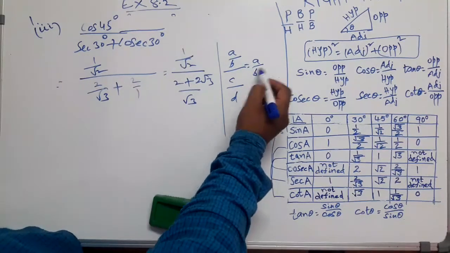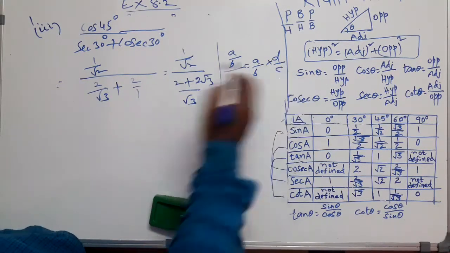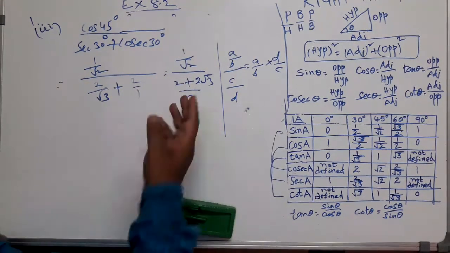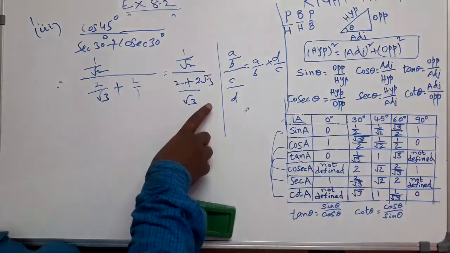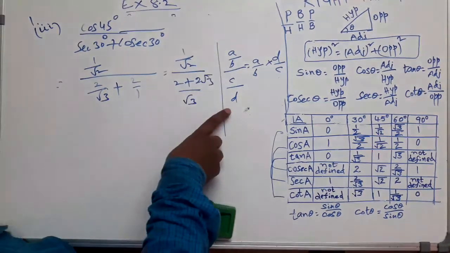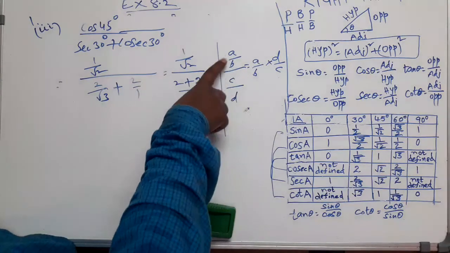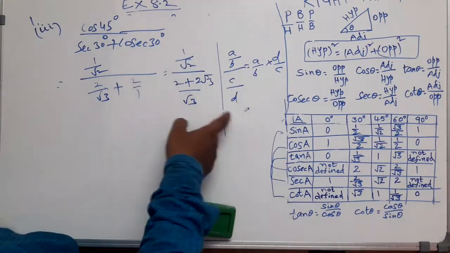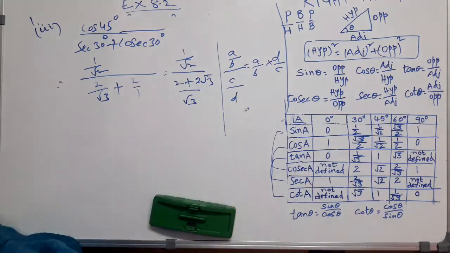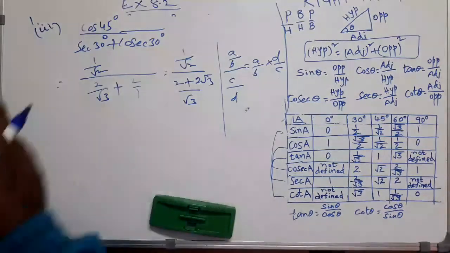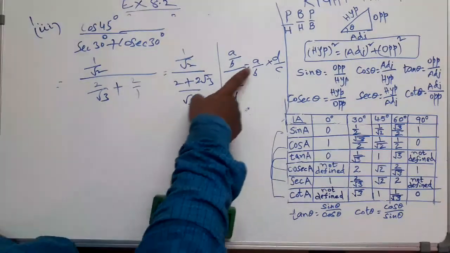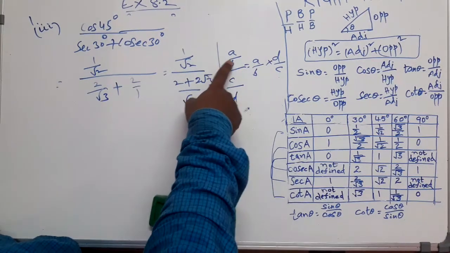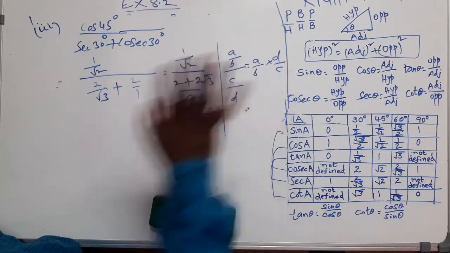This can be written as A by B multiplied by D by C. Don't get confused, right? If you have A by B upon C by D, you can write it as A by B multiplied by D by C. The denominator of the denominator will go to the numerator. This C will be written by the side of this denominator, right?